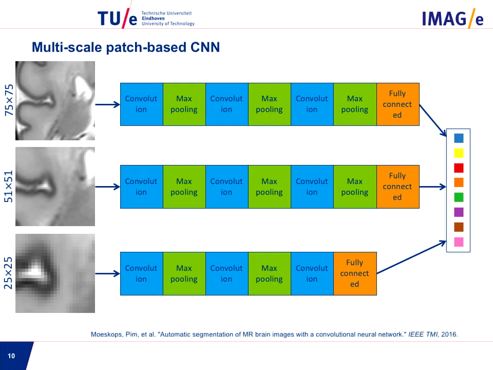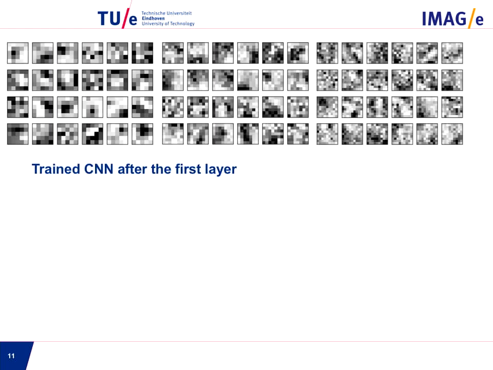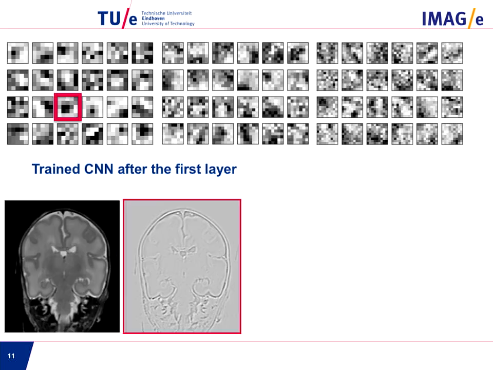It consists of convolution operations, but what is it now exactly learning? These are the kernels that were trained, just in the first layer. What we can do is see what happens if we apply a kernel. Just take one of the kernels, apply it to the image, and see what happens.